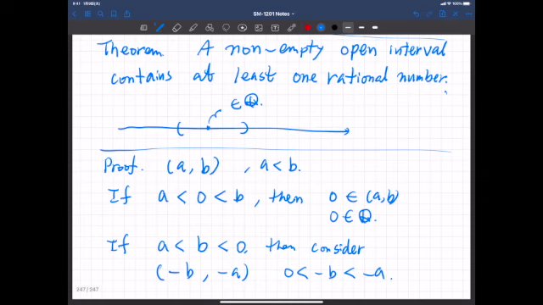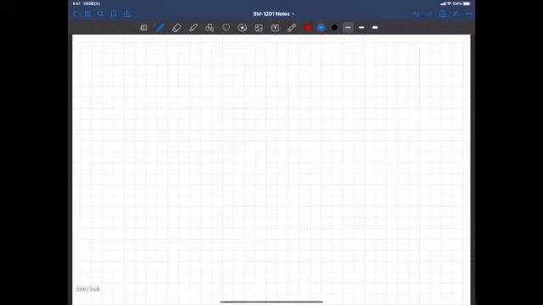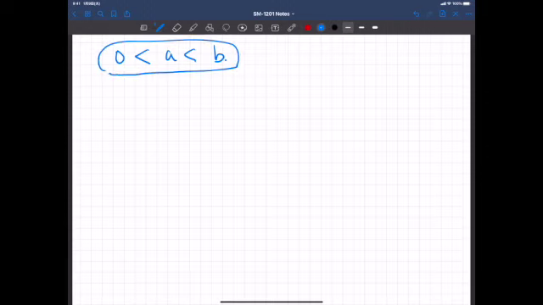If this interval contains a rational number, then the original interval also contains a rational number, which is the negative of that rational number. So after all, we need to prove the case of both positive A and B. It is sufficient if we prove this case.